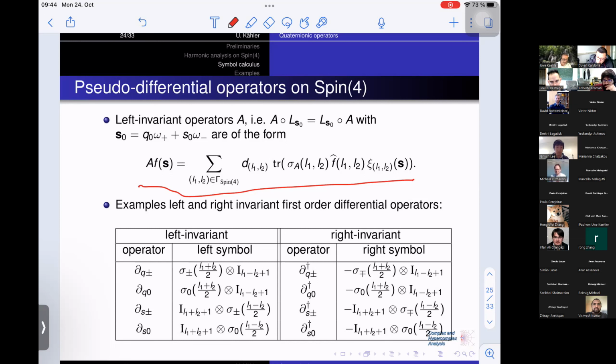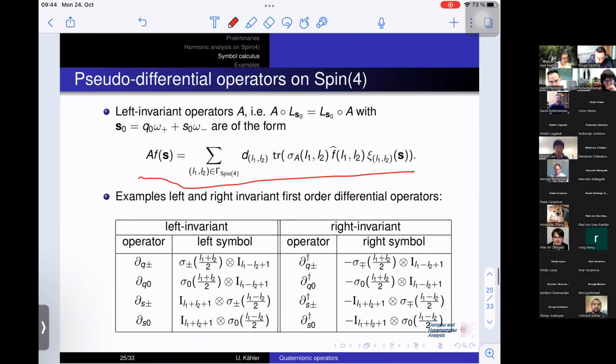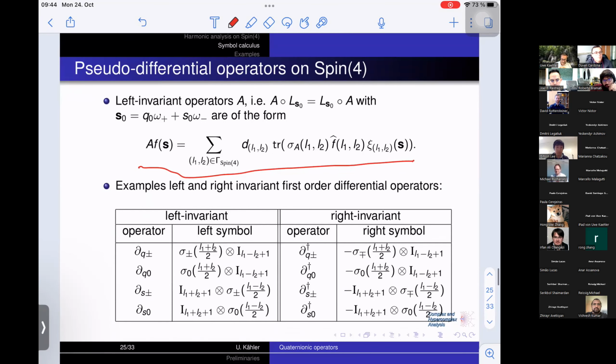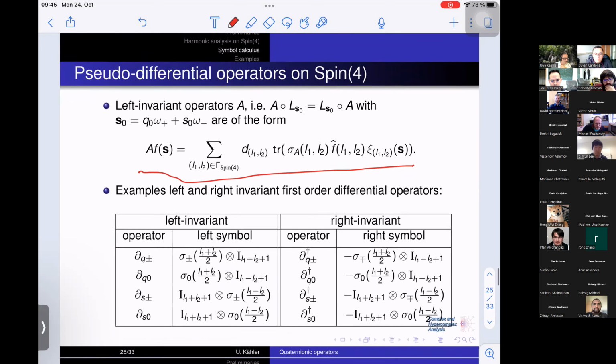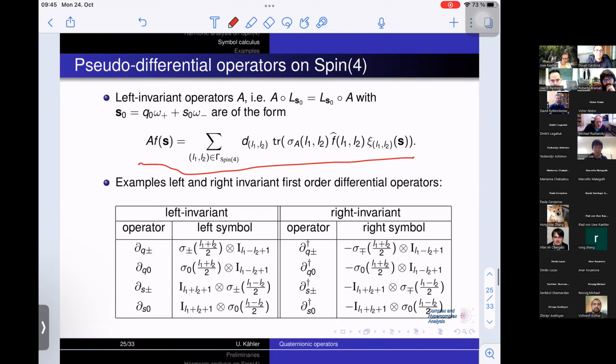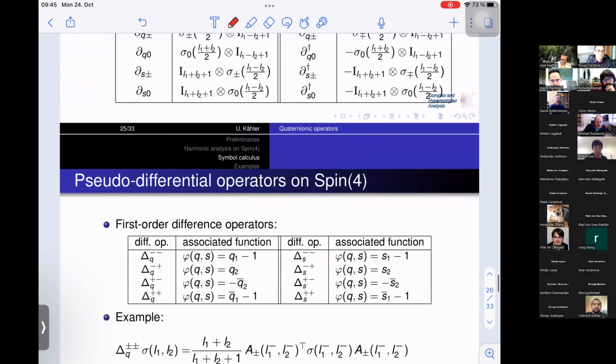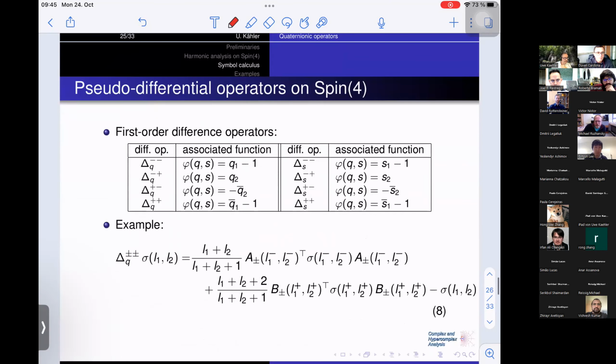Daggers are always with the right and the other ones in the left, and combinations of them. That's our first order, and they generate all the first order operators here. I don't want to use D1 or D2 for it now. That comes afterwards. And the difference operators.